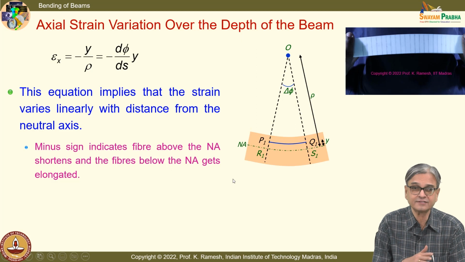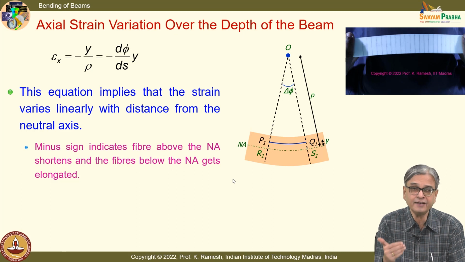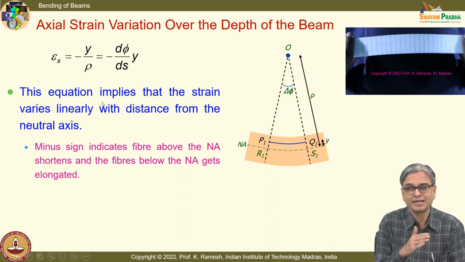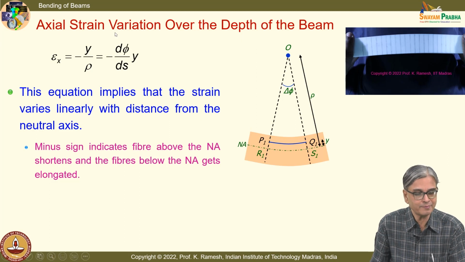If the neutral axis is not coinciding with the centroidal plane, I have to determine the neutral axis and then find out what is the distance y. And this also implies if I have y farther away, that is y max, your strain values also will become larger and larger. The maximum is reached when you have the y max.